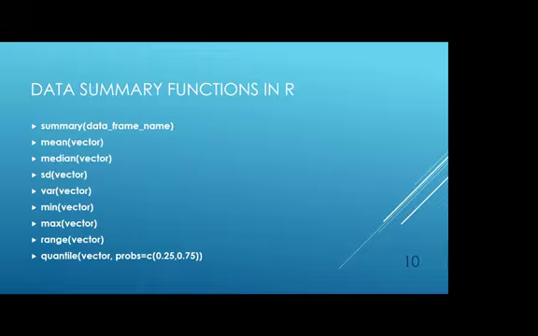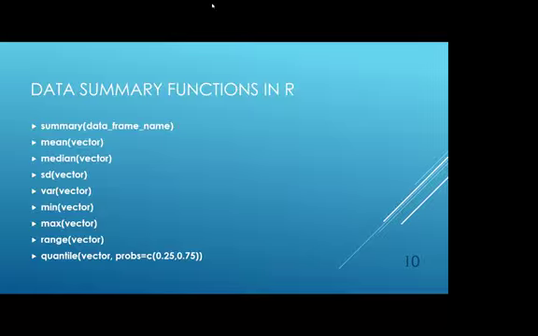Okay, so you will type quantile, bracket, small x, and probs equal to c, 0.25, 0.75. If anybody has done it, you can type or you can check out the result yourself, because it is showing the summary, you can check it out.